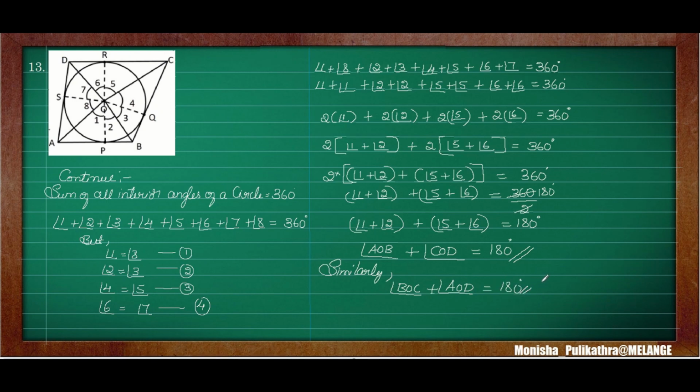They have asked: opposite sides of a quadrilateral circumscribing a circle subtend supplementary angles at the center of the circle. So here opposite sides of a quadrilateral circumscribing a circle are supplementary. This is what we have to prove. So hence proved.